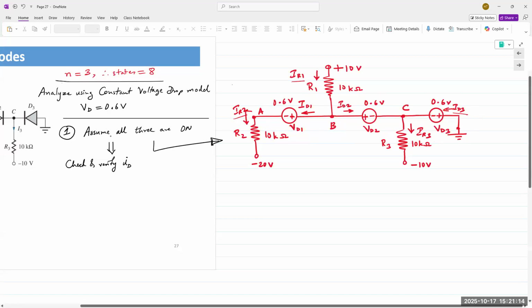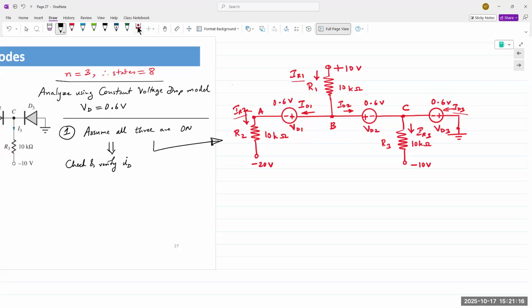And if you notice the voltage source's polarity, it is exactly as the ones that we saw in the original circuit diagram. Okay, so everything is replaced with a constant voltage source of 0.6 volts.